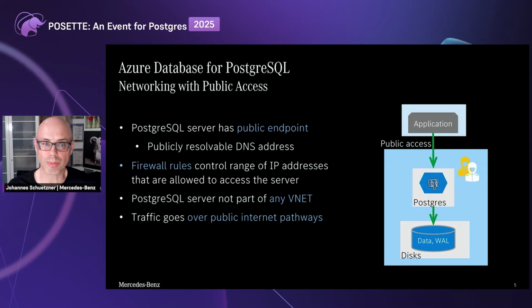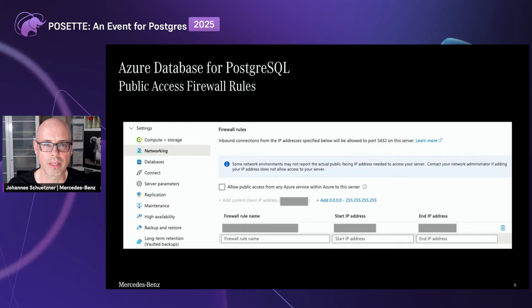The Postgres server is not part of any VNet, and this means that the traffic goes over the public internet pathways, so that's not secure. Here on this page in the Azure portal, you see how you can configure firewall rules, where you can, for example, specify IP ranges from the egress of your Kubernetes cluster if you run the application in Kubernetes. So this fits quite well.